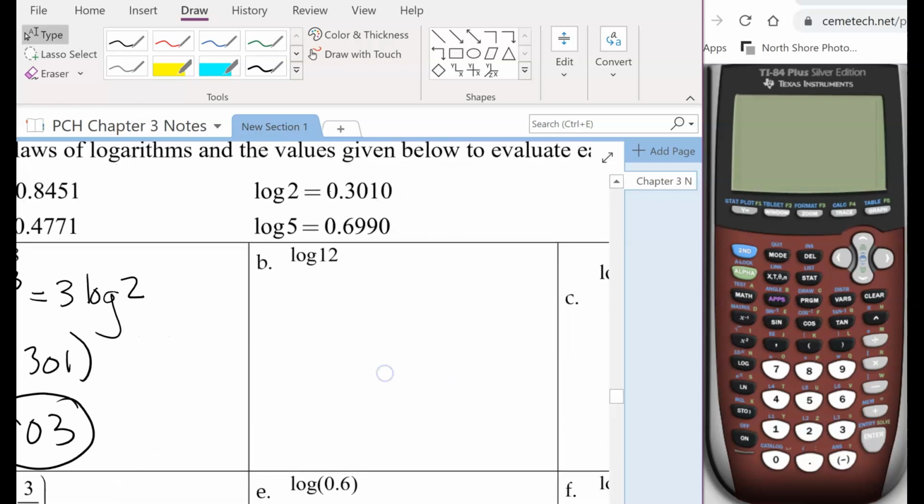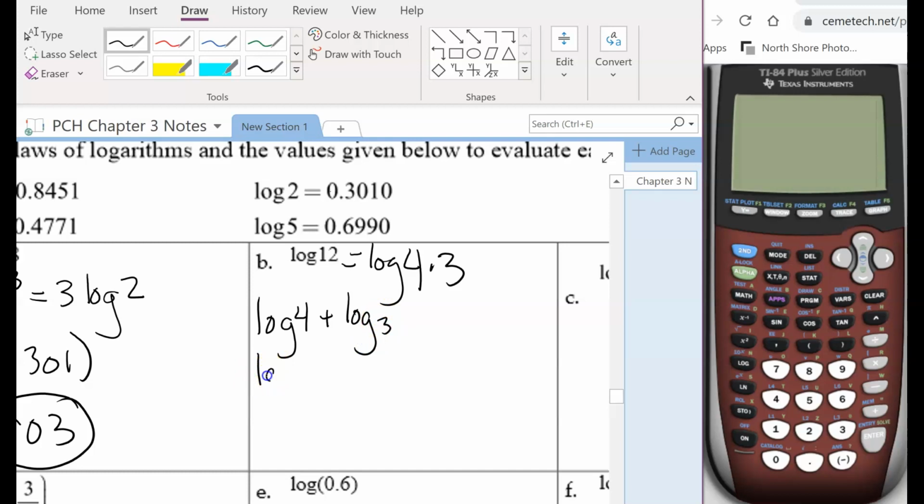So moving on to part B. Using our log properties, we're going to rewrite this as the log of 4 times 3. So that becomes the log of 4 plus the log of 3, which becomes log of 2 squared plus log 3.